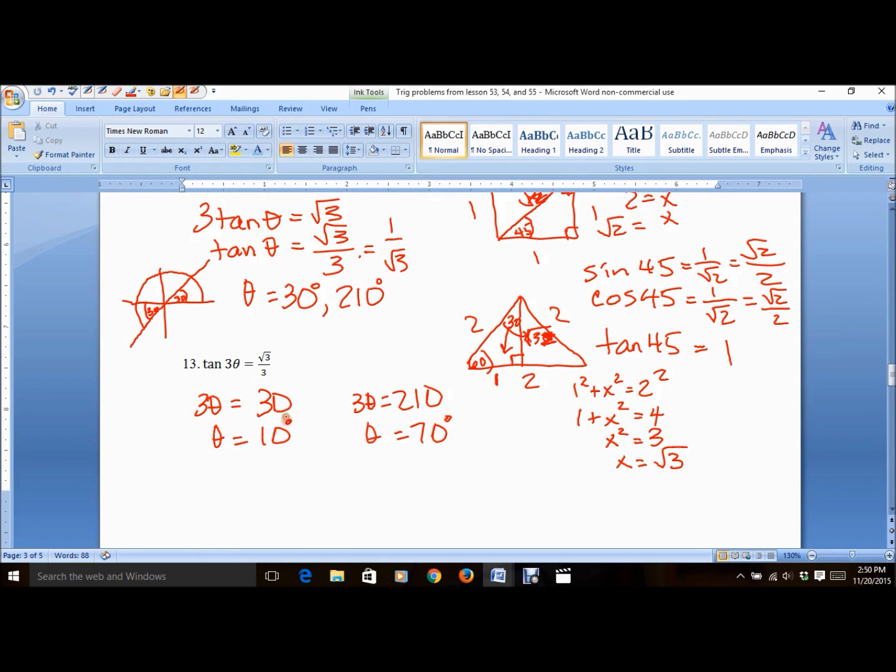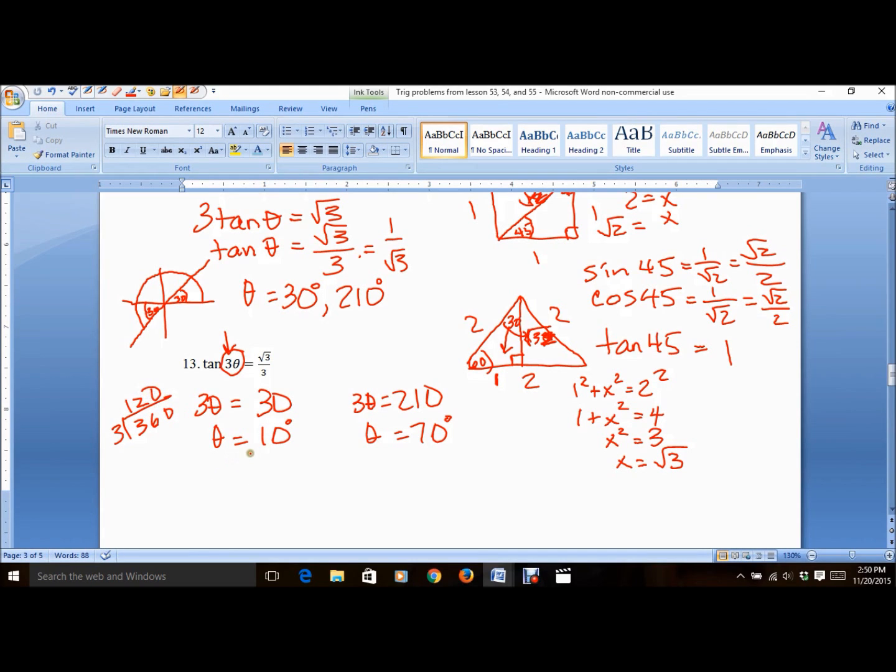Alright, when you have an argument that is multiplied, there's a coefficient on theta of something greater than 1, then you are going to have more answers than you would normally have, because we're saying theta can go from 0 to 360, so 3 theta can go from 0 to 3 times 360. So instead of adding 360 to this 30-degree angle and then dividing it by 3 to get theta, we'll just divide 360 by 3 and add that to our theta.